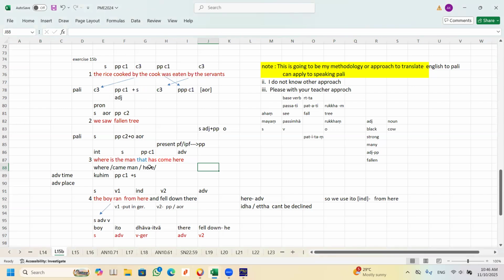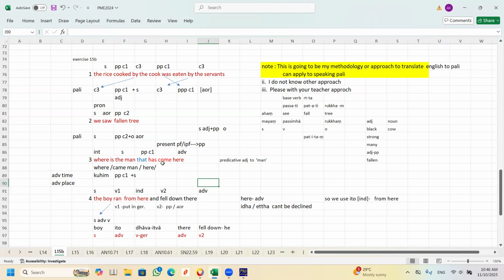In this case, it's going to be a predicative adjective to the word man. Once you know it's a predicative adjective to this, then you know that this has to be GCN. This one, has come, has to be GCN.